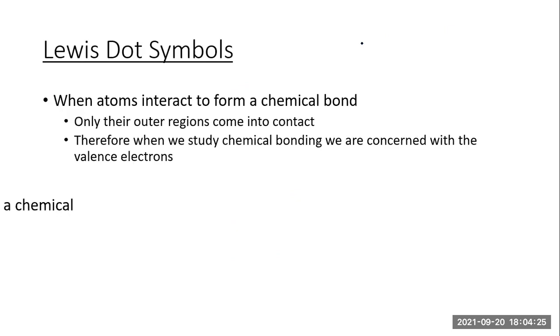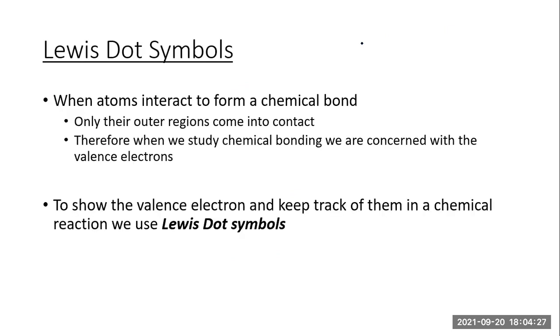Okay. So one way that we represent sort of bonding, and we'll see more of this in the next chapter as well, is through what is sometimes referred to as Lewis dot symbols or electron dot symbols. They're kind of generically called that.